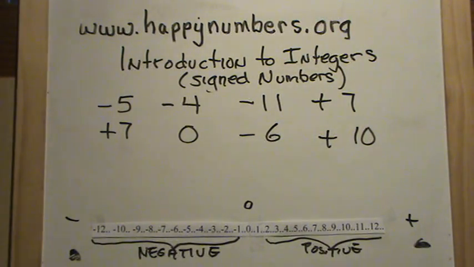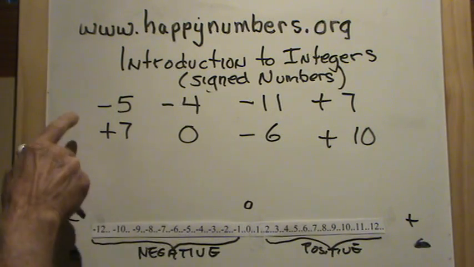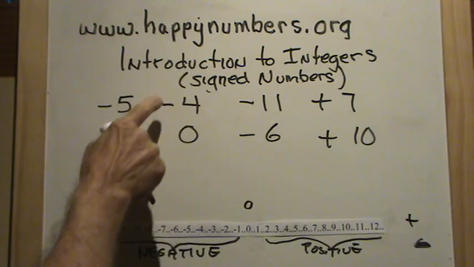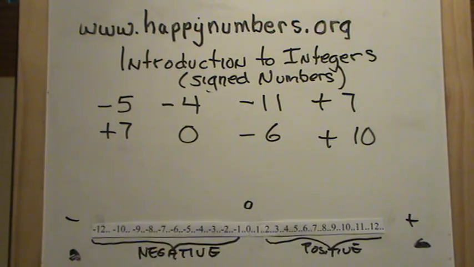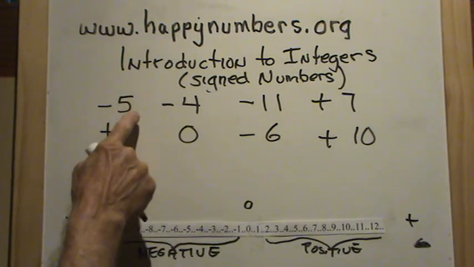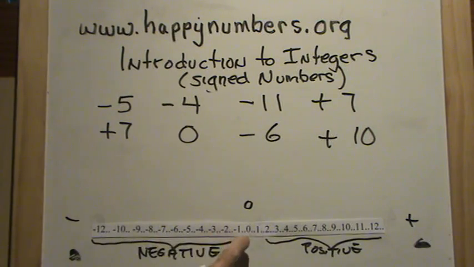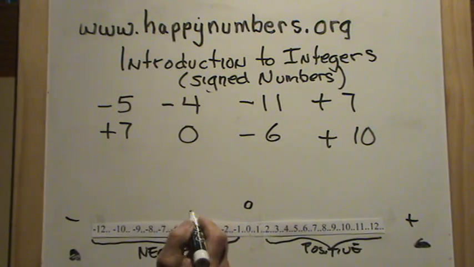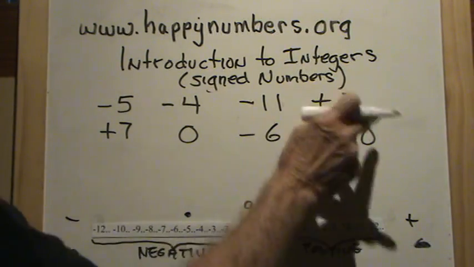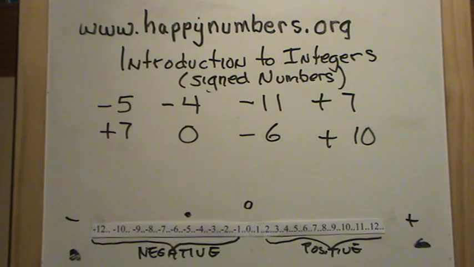I'm going to ask you to put the DVD or the video on pause and draw yourself a number line in your notebook. Then locate each of these points on your number line. Let me just give you an example. First point is -5, so you would have your number line, and then you would put a little dot right above -5. Do that for all of the others, and then turn it back on again.